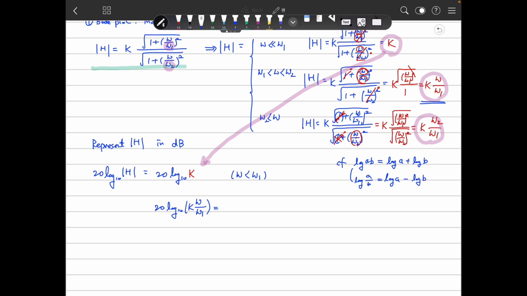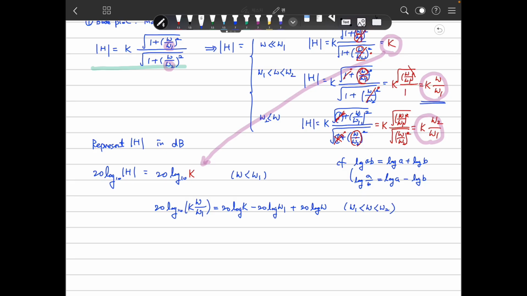Therefore, that can be represented as 20 log k minus 20 log omega plus 20 log omega 1.